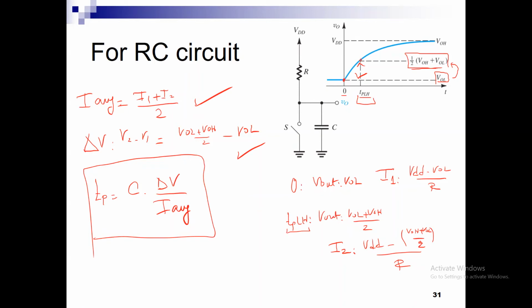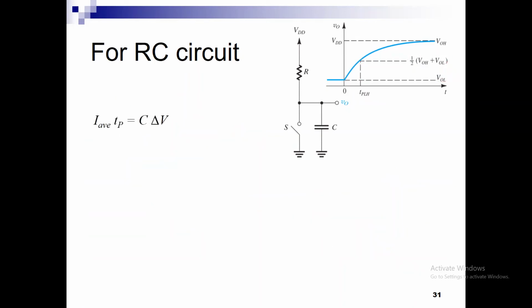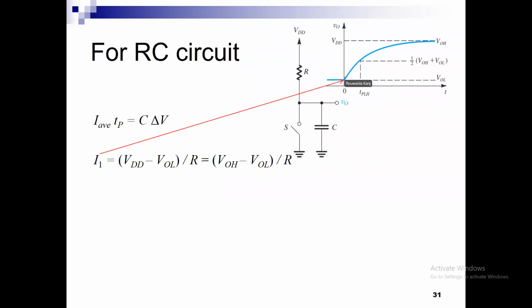Okay, let's see what the slides say. So we're saying that I average Tp equals C delta V. The current at the first time point is equal to VDD minus VOL over R, which is VOH minus VOL over R, if we want to interpret it that way.